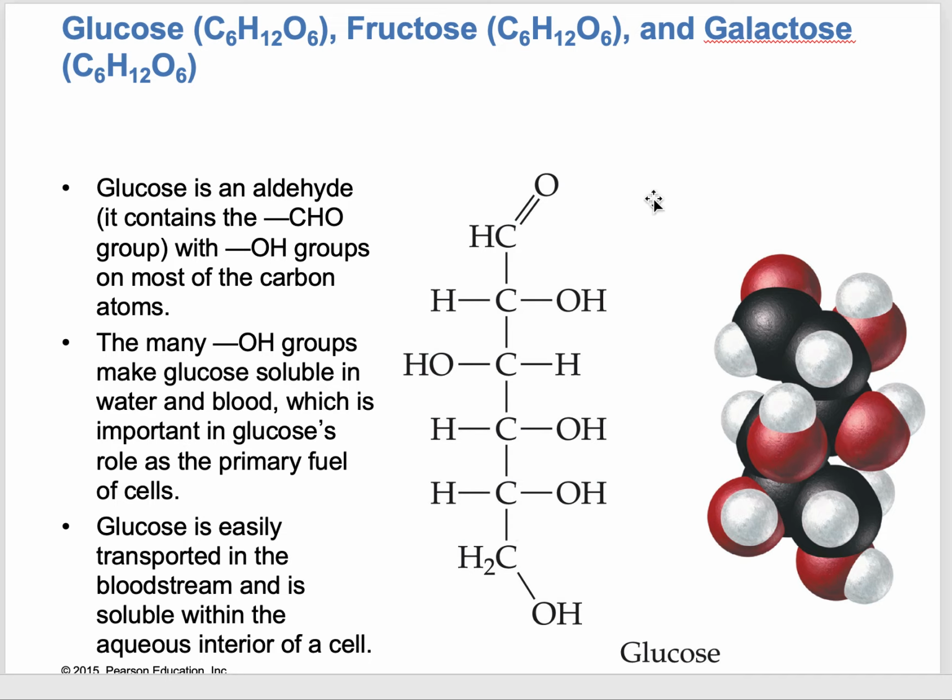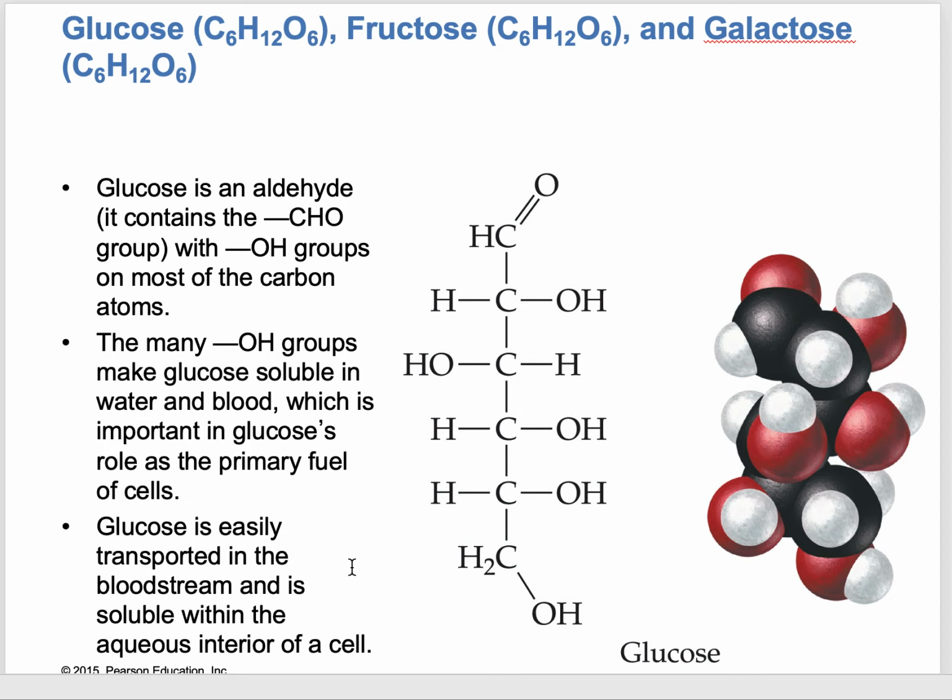And there's a lot of OH. You notice that, and these have to be in the right place. This has to be on the right, this has to be on the left, and these last two have to be on the right. And of course, the very last one doesn't matter. It's not 3D specific. Glucose is very popular.